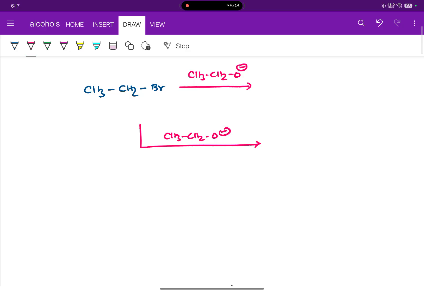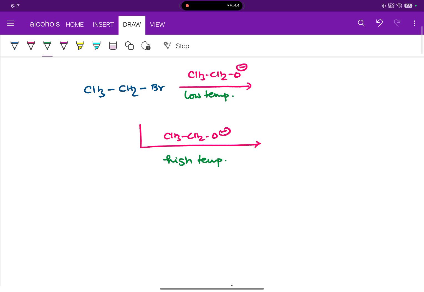Sir, both are the same nucleophile, sir. Yes, both are the same nucleophile. But what is the controlling condition? Temperature. This is low temperature. This is at high temperature. Please make a note. High temperature will always lead to elimination reaction. Low temperature leads to nucleophilic substitution reaction.